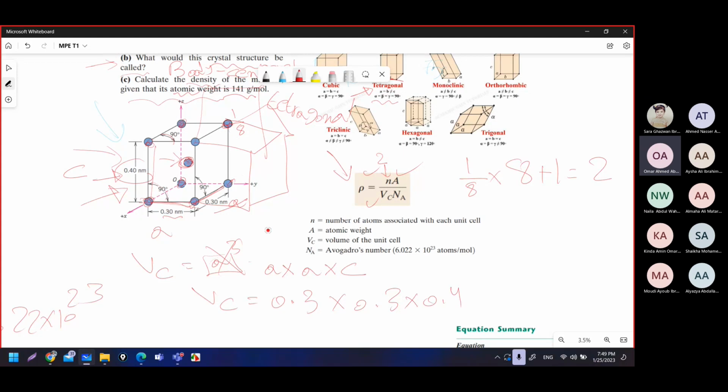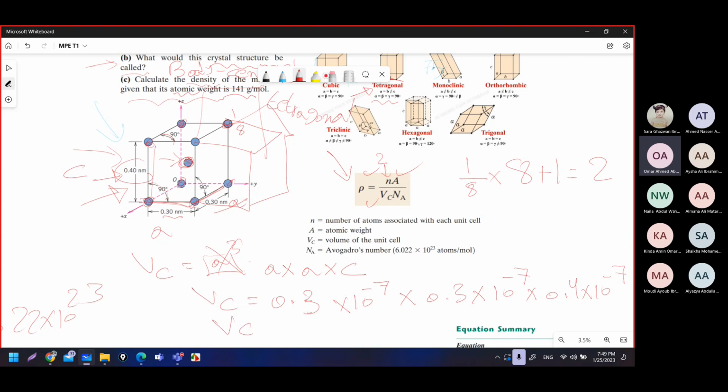But these values are in nanometers. I want to calculate the density usually in gram per centimeter cubed, so I need to multiply each one by 10 to the power negative 7. So 0.3 times 10 to the power negative 7 to be in centimeters instead of nanometers, times 0.3 times 10 to the power negative 7, times 0.4 times 10 to the power negative 7.